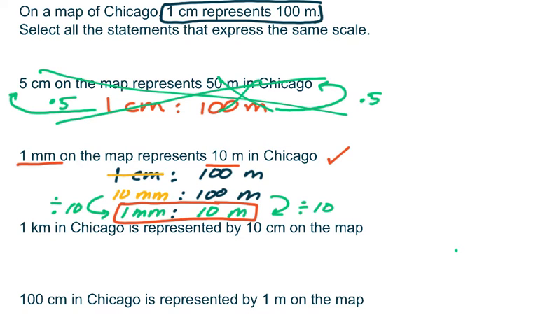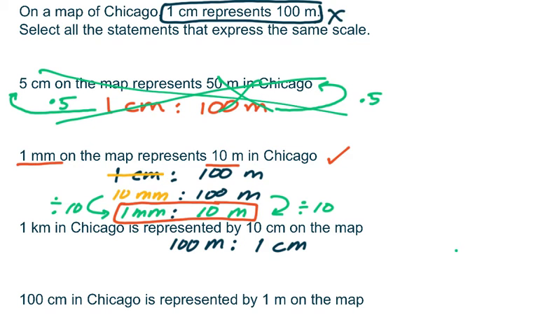1 kilometer in Chicago is represented by 10 centimeters on the map. Again, I went back to the original relationship, except I rewrote the order. So for this one, I wrote it as 100 meters is represented by 1 centimeter. So that's the original relationship here.